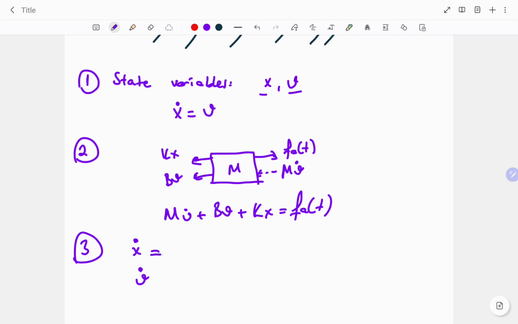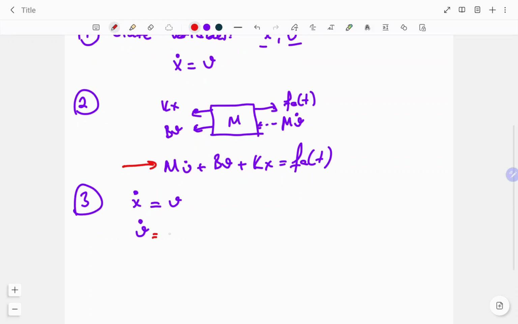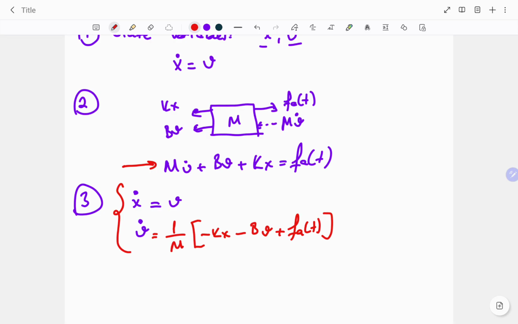The first one is our additional expression to show the relation between x and v. For the second one, we can use our mathematical equation and take v dot. That means 1 over m, and inside the parentheses we have minus k x minus b v plus Fa. This is the state variable equations for the system.